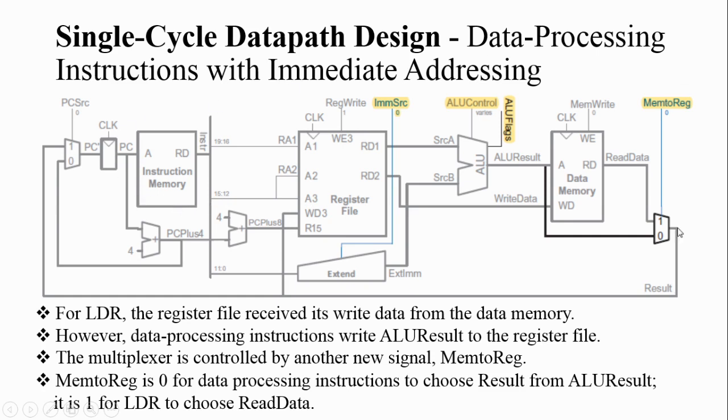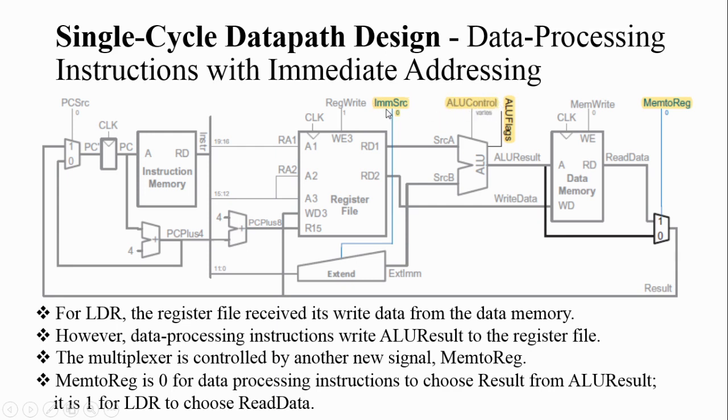So in the data processing instruction, you need to make the memory to register control signal 0 for selecting the ALU result as input. Then the ALU control should be selected based on the operation. If it is 0 0, it will perform add, 0 1 it will perform sub, like that.